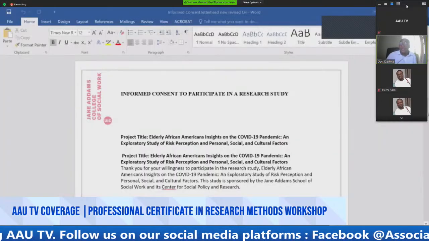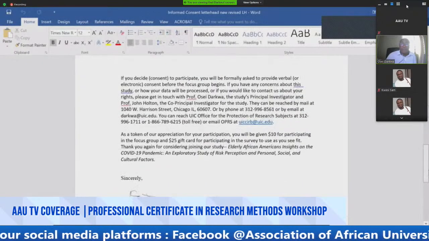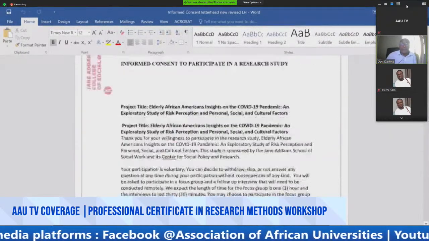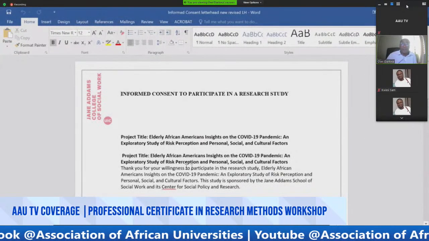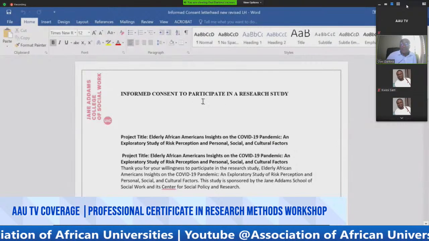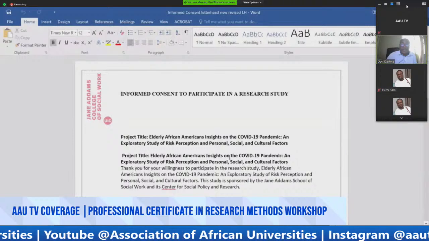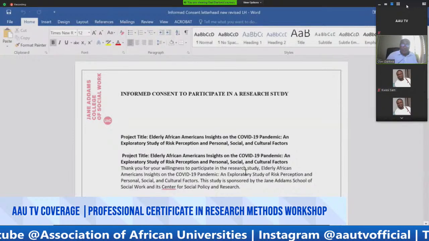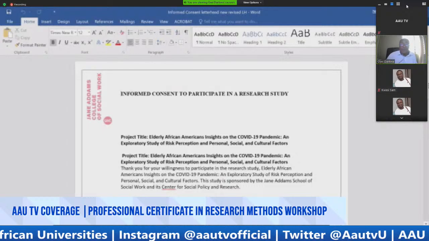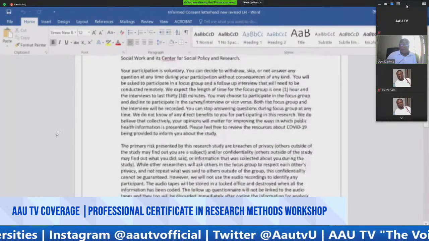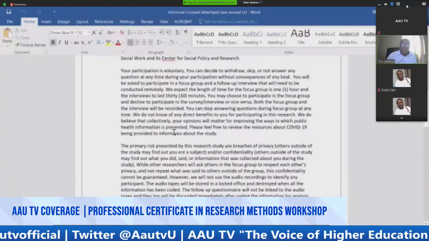Okay, this is a letter that we sent out some time back for one of our studies. There are several versions of it. This is the consent to participate in a research study. Here is the project title, and then it thanks everyone and tells you that your participation is voluntary, which we all know. It goes on to the primary risks, such as breaches of privacy, that you may face as a subject.